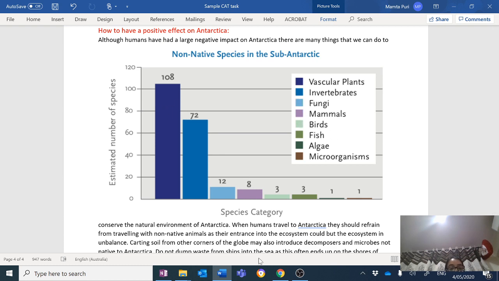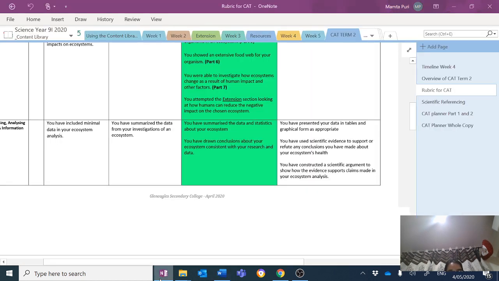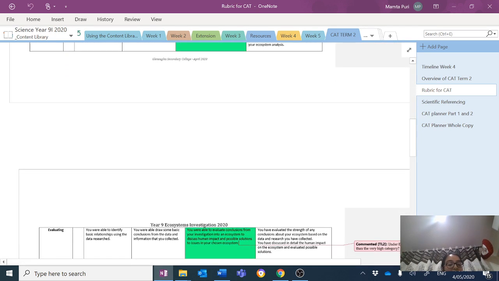This is actually a column graph, a bar graph. So go for summarization of your data in your own words, include good statistics about your ecosystem, write in your own language, draw conclusions about your graphs, statistics, whatever. So this was point number two.